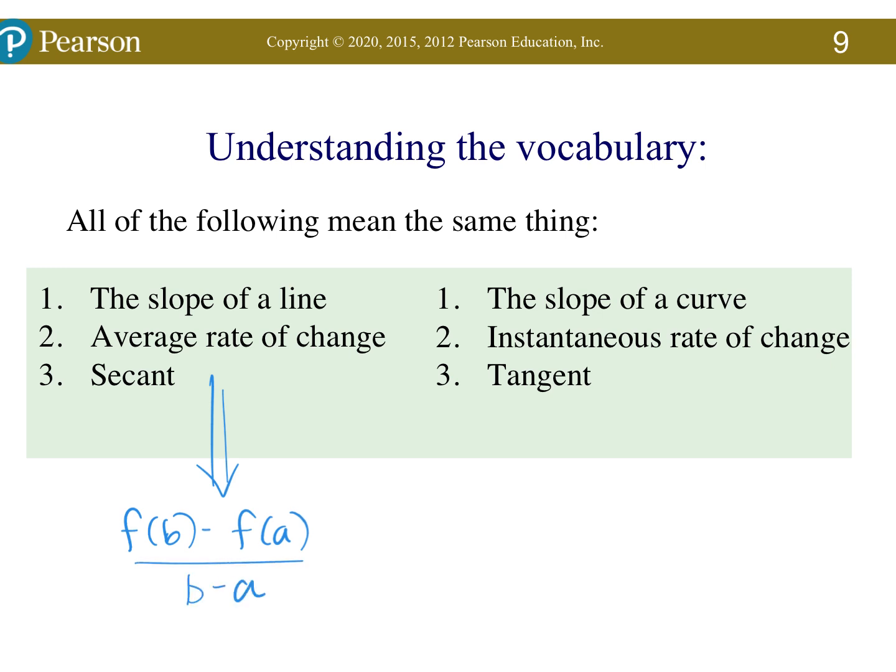If they ask you for the slope of a curve, the instantaneous rate of change, or the tangent, all 3 of those are going to need a limit as x approaches a of f of x minus f of a over x minus a. So there's 3 ways to ask for each of them. Just be watching how they ask for that, what the vocabulary is, so that you can do the math.